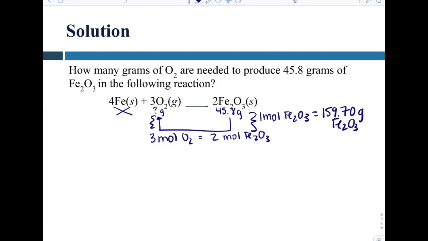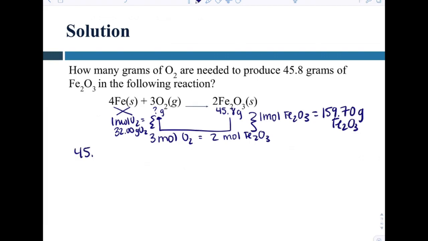And using the molar mass here, 1 mole of oxygen is equal to 32.00 grams of oxygen. Now I need the molar masses because I'm given mass and I'm being asked for mass. So anytime you're being given mass or asked for mass, you need the molar mass of that substance. So go ahead and start with it.